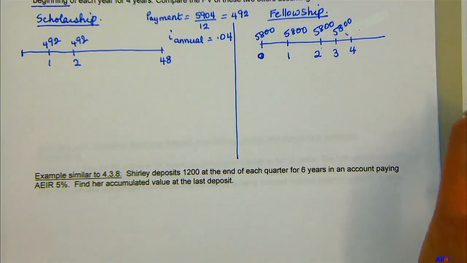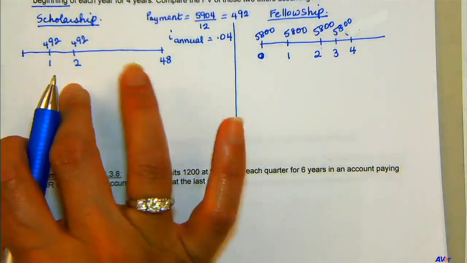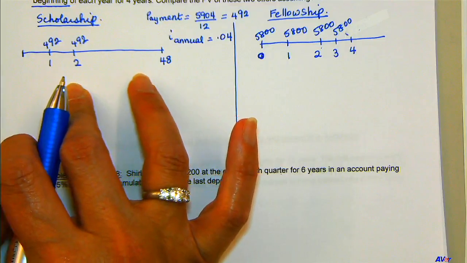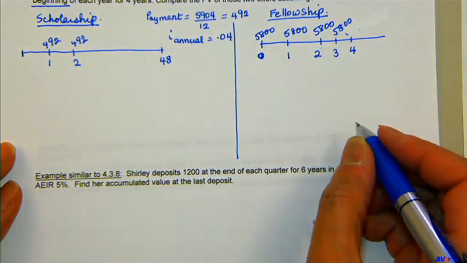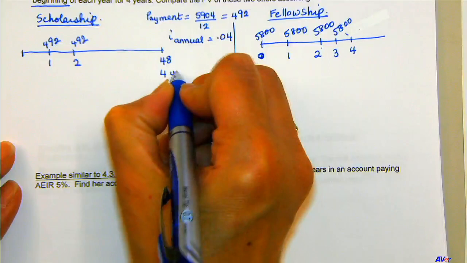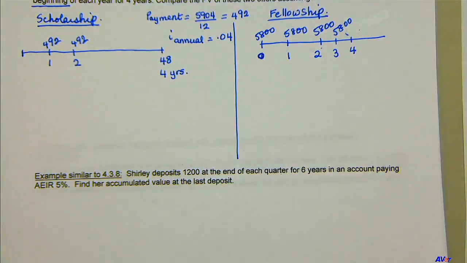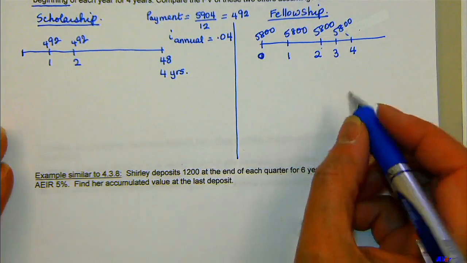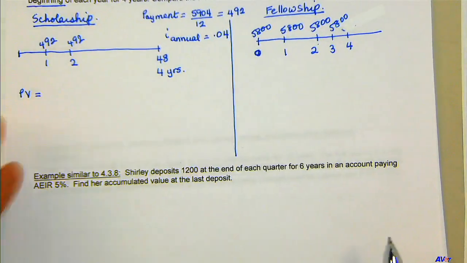I already know that you know how to use method 1, which is to find the monthly rate and find the present value of 48 payments. Can you do it with the new way? So I have 4 years, 12 times a year. Tell me what to do at least. Present value equals what?